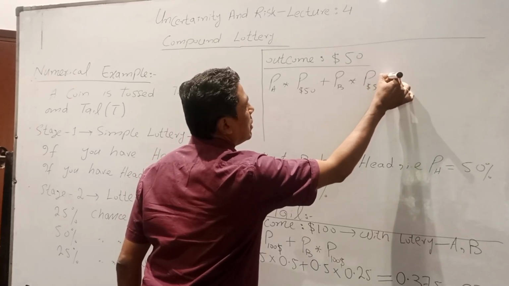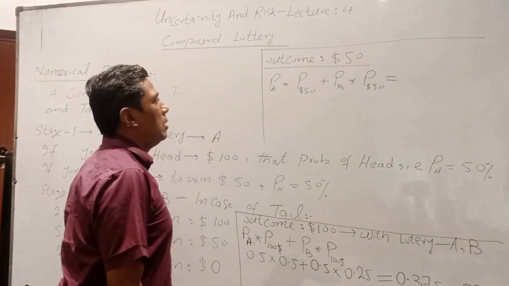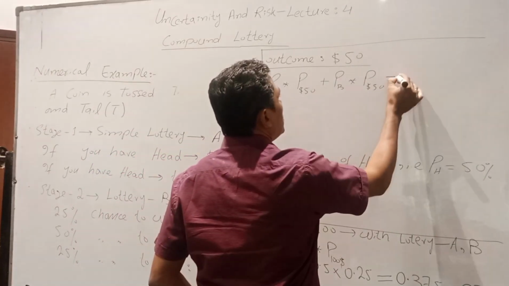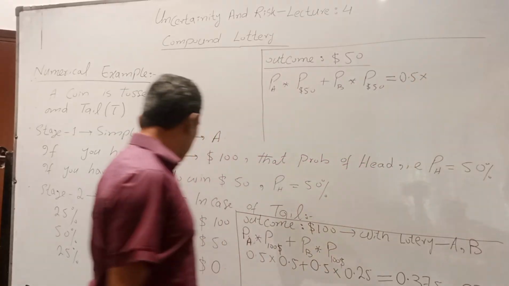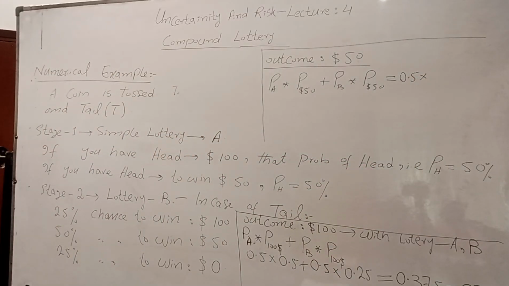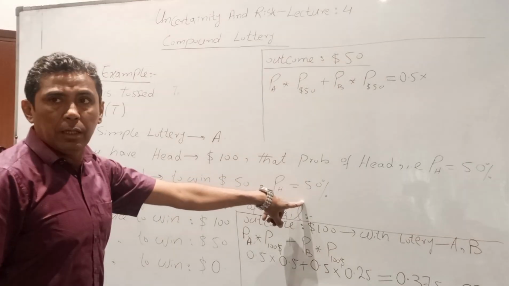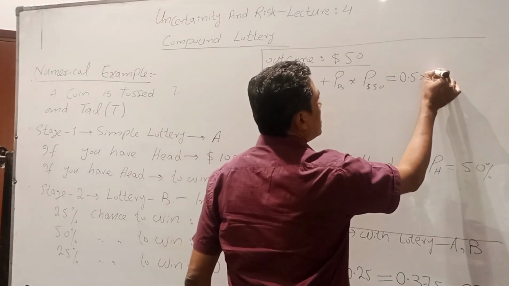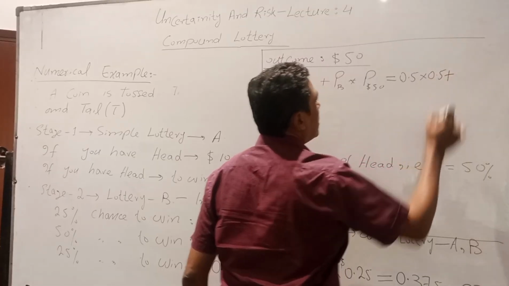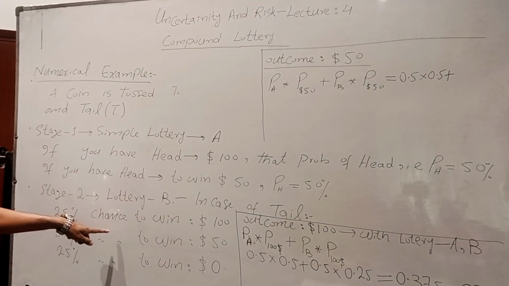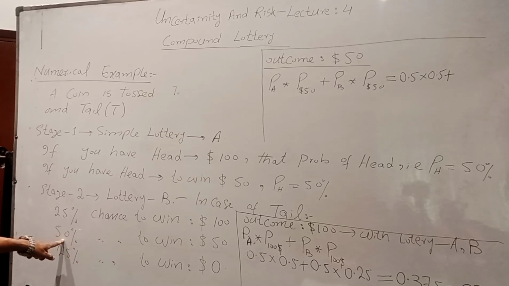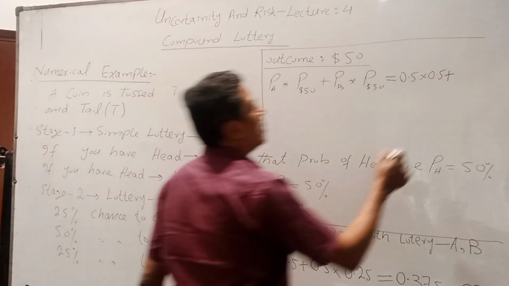So 0.5 multiplied by the probability, which in case of lottery A is 50% again. Plus, in case of lottery B you have again 50%, right?